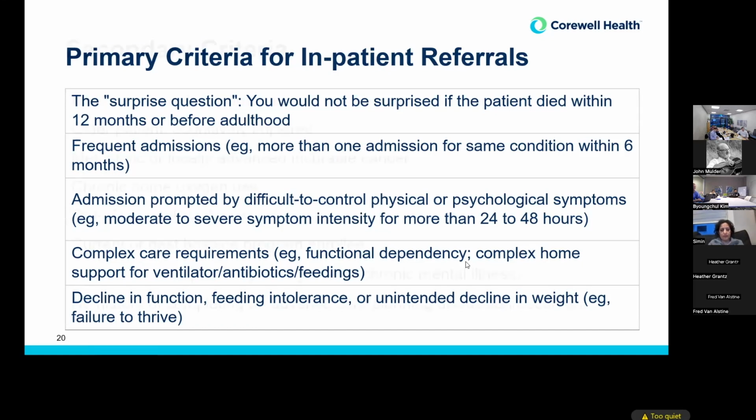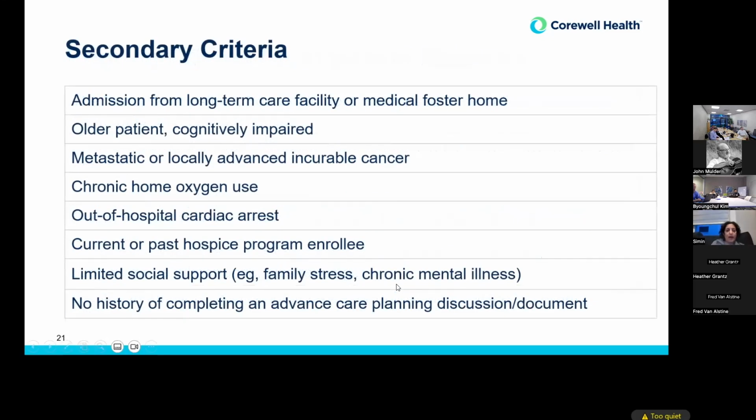Okay. Some of the supporting criteria, the secondary criteria, may make you think, maybe I should be thinking about palliative care. Any patient that's coming from a long-term care facility could heighten your awareness that palliative care involvement may be needed.